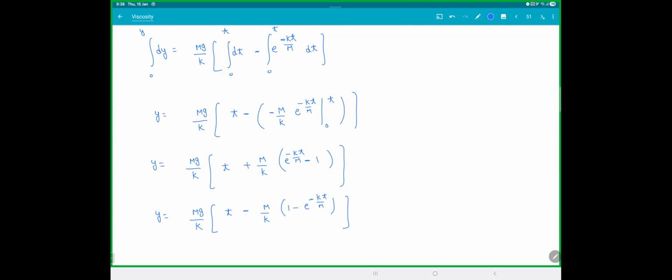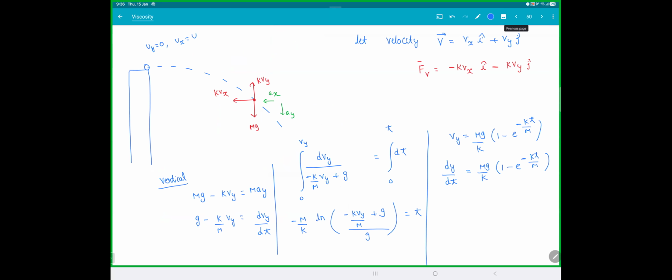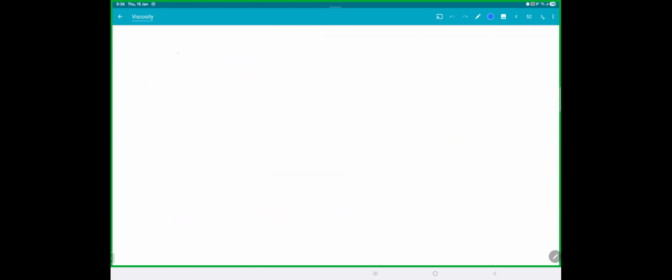So if you look here, the y coordinate actually keeps going forever. The y coordinate is increasing, it never stops. Clear with this? Now, what about the x coordinate? For the x coordinate, we got kvx is equal to max. So ax will be minus dvx by dt, because here, if you see, velocity and this thing are opposite.